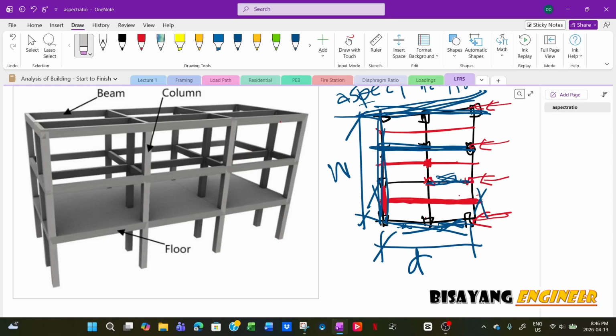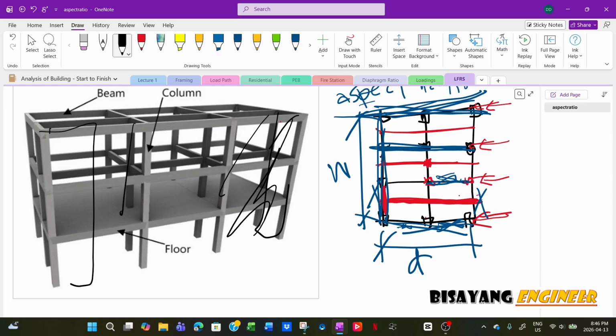But in mid-rise and high-rises, it's usually a shear wall, and sometimes the elevator shaft will be used as a shear wall, and sometimes right here at the corner, this will be a shear wall. So it depends.